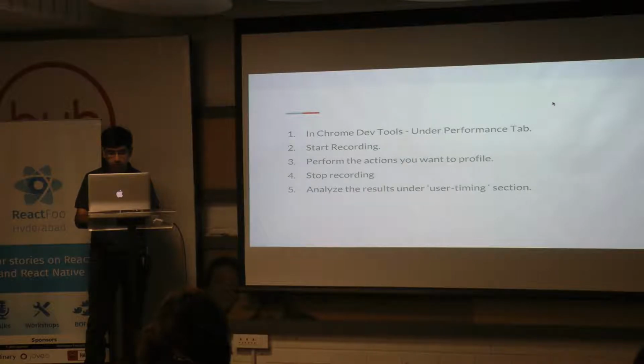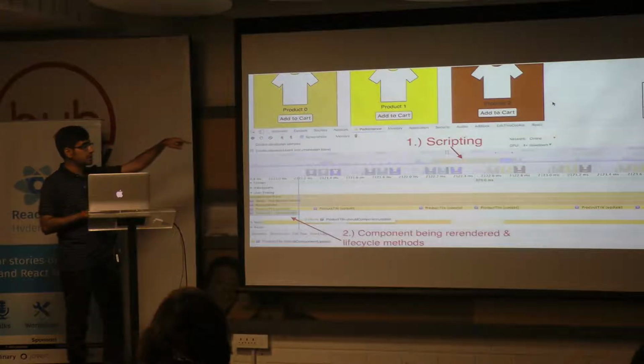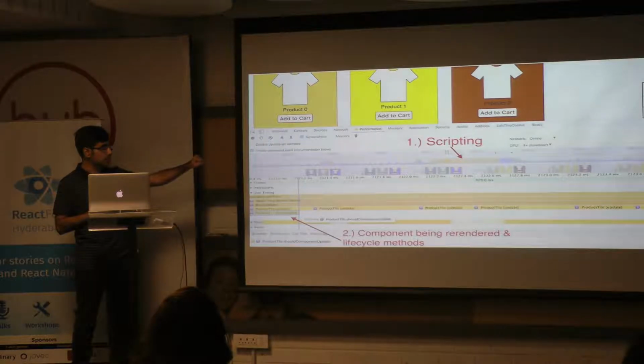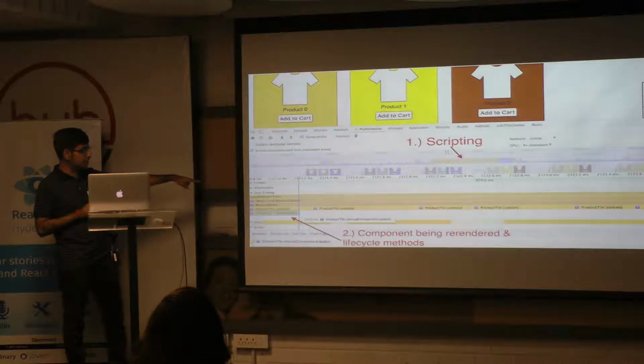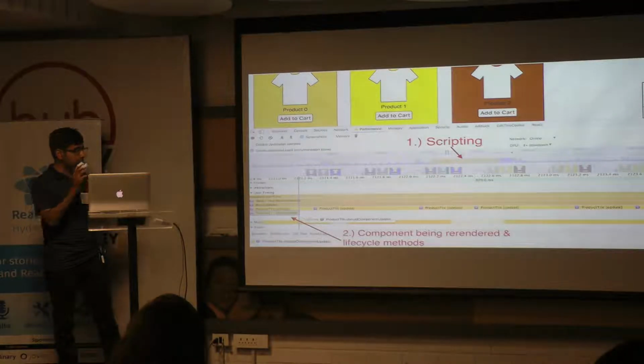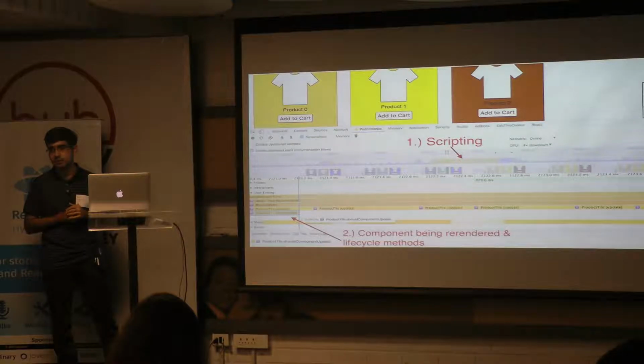What we focus on today is first the scripting section on the top, shown in point 1 here, which is where most of the JS magic happens. Once we narrow down to the scripting section, we can move on to the user timing section here. Starting from React version 15.4 onwards, all the React events show up in the performance timeline.